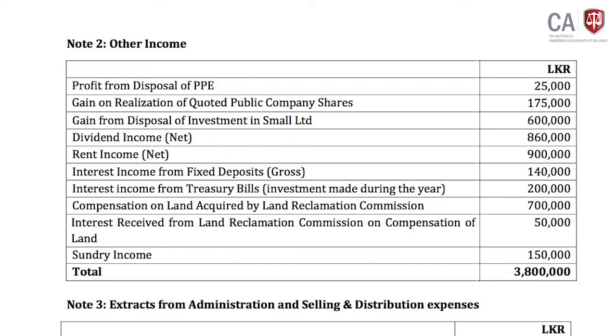In most of the cases, these are other income. That means the investment income and the particular items we need to eliminate from the business income.